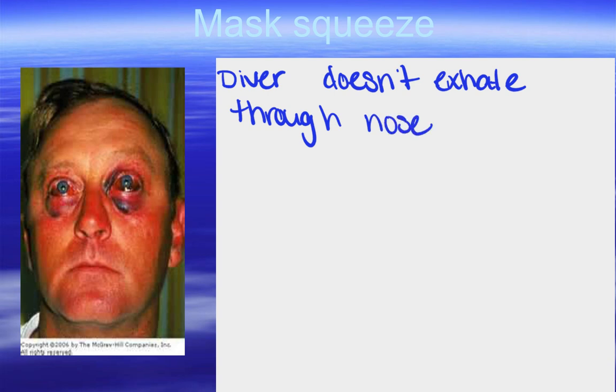As they're descending, they should be exhaling a bit through their nose to prevent the mask from squeezing and squeezing and being pushed. They're not going to get water in their mask when they exhale through their nose because there is so much pressure. That exhale is just loosening it enough so that it's not going to cause the injury that you see in the picture on the left.